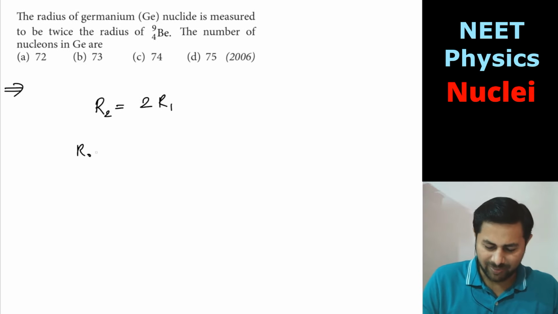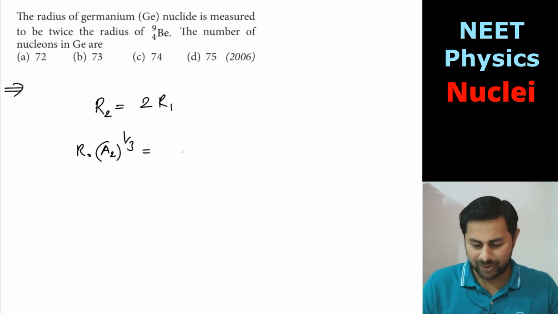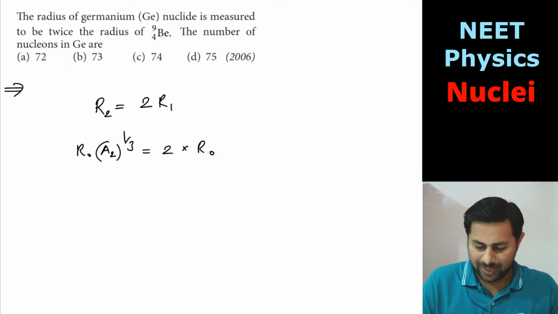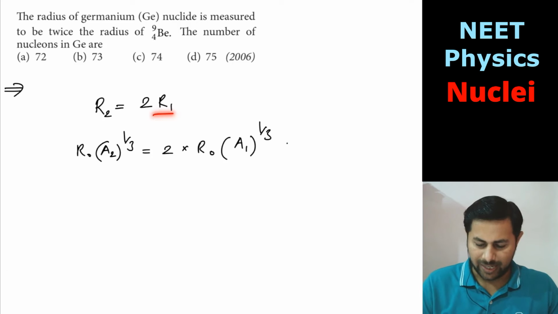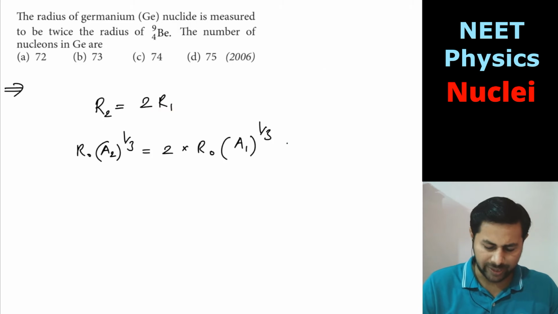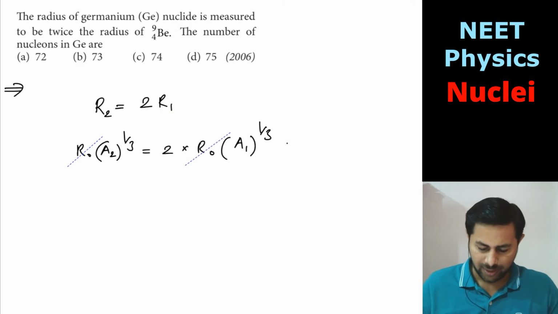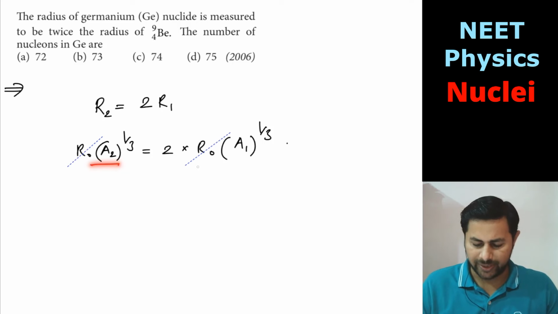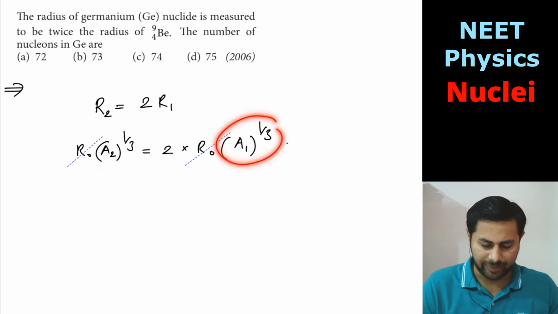R naught multiplied by A2 raised to 1 by 3 should be equal to 2 times R naught multiplied by A1 raised to 1 by 3, because R is equal to R naught A raised to 1 by 3. So R naught will get cancelled, and you have A2 raised to 1 by 3 is equal to 2 times A1 raised to 1 by 3.